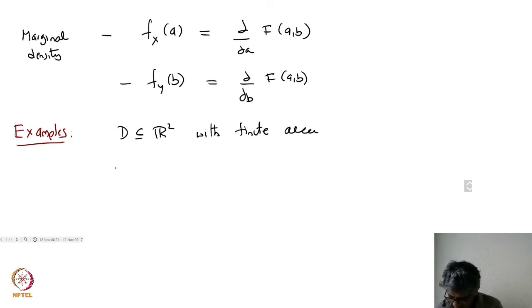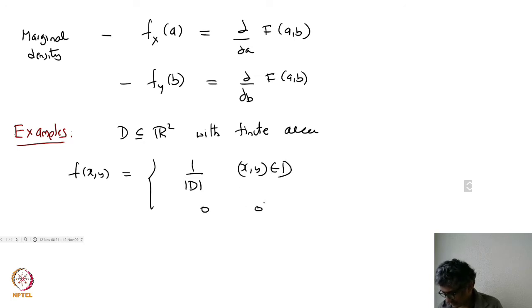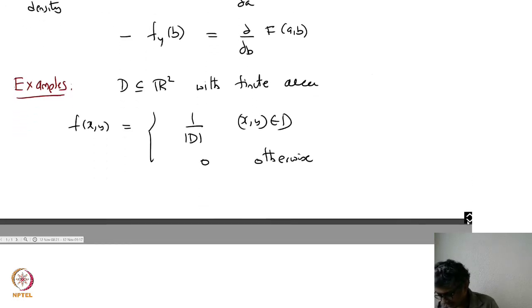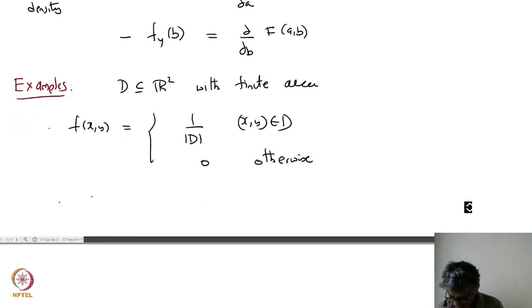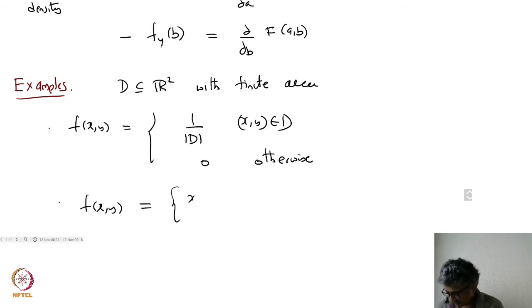And this example was f_XY given by 1 over the area of the set D if (x, y) is in D, and 0 otherwise. And the other example that I had stated was that f_XY was equal to x plus y when 0 is less than x less than 1, 0 less than y less than 1, and 0 otherwise.